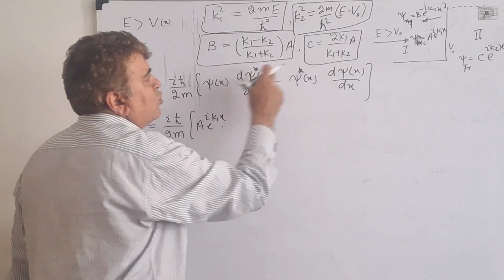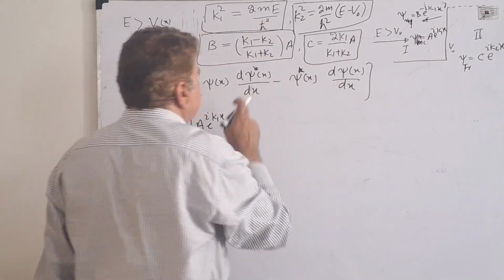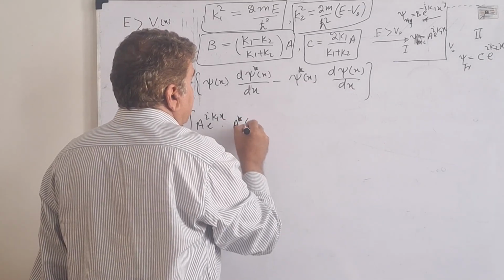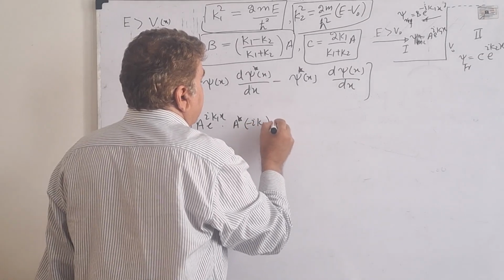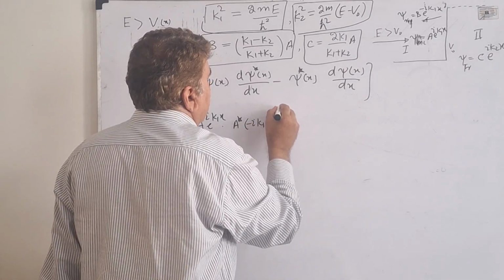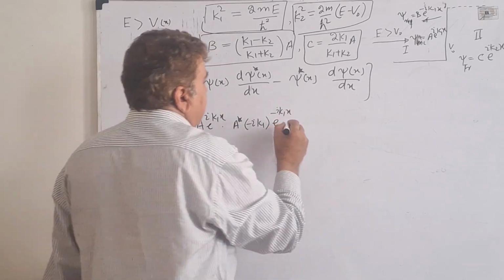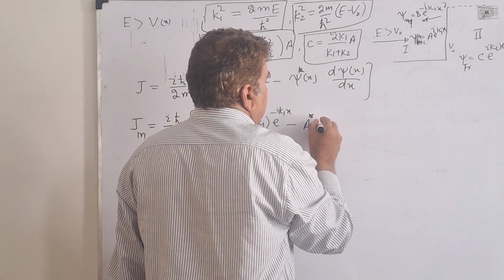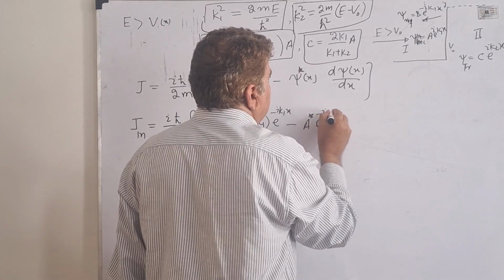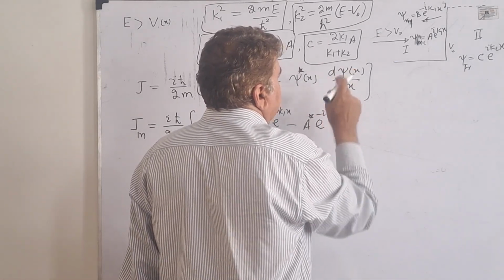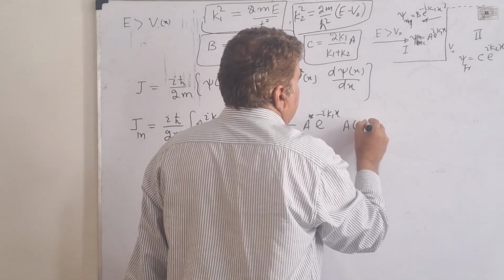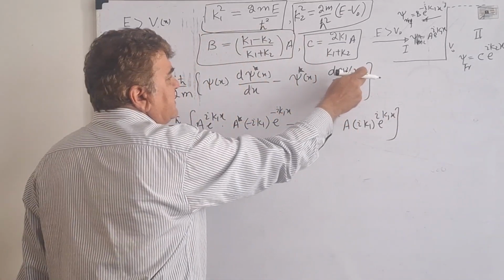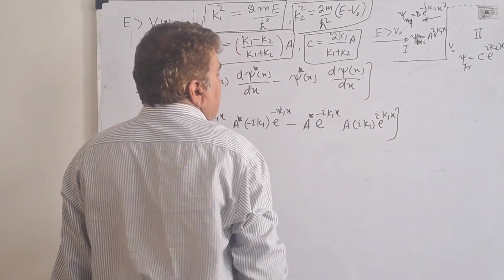Then psi star would be A star times exponent minus iota k1x, and the derivative of psi star would become A star into minus iota k1 exponent minus iota k1x, and then minus, for this it will become A star exponent minus iota k1x multiplied with A times iota k1 exponent iota k1x, because the derivative of this gives me this thing.